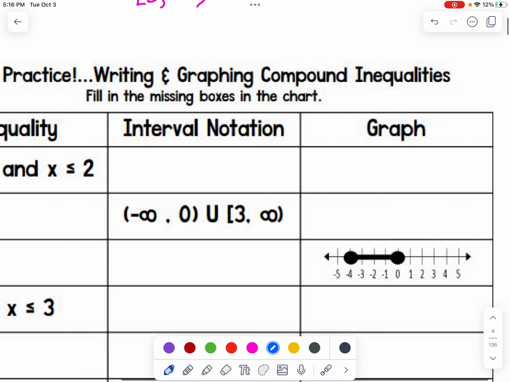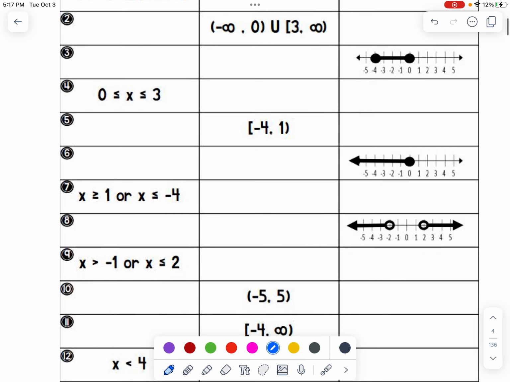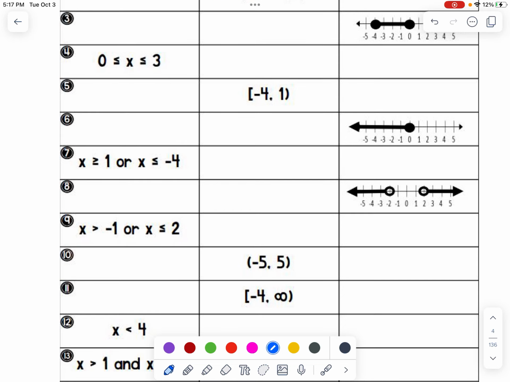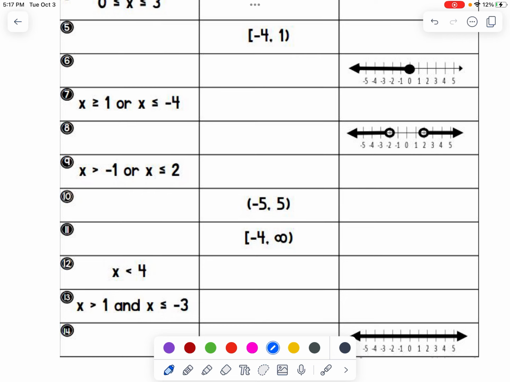Now, if we move on to here, I'm going to do one with you. Let's do number 9, because I want to look at what an OR equation looks like.